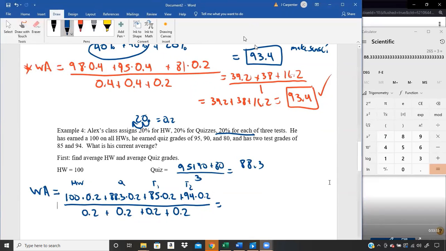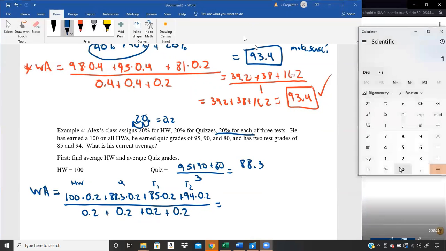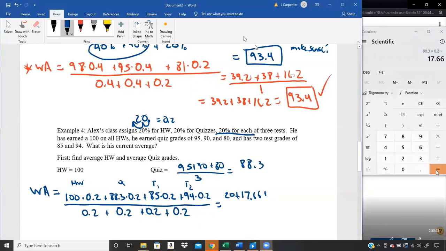All right, so 100 times 0.2 is going to be 20. Show the work. The 88.3 times 0.2 is going to be 17.66. The 85 times 0.2 is 17.